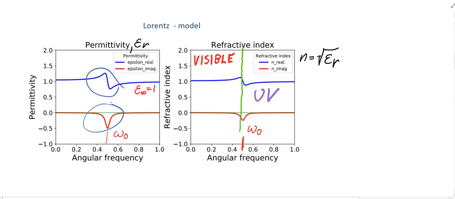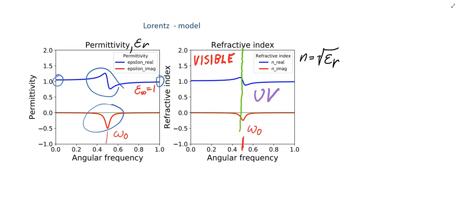The loss, denoted by the red curve, is highest exactly at the resonance, and far away from the resonance, the permittivity tends to the high frequency limit.